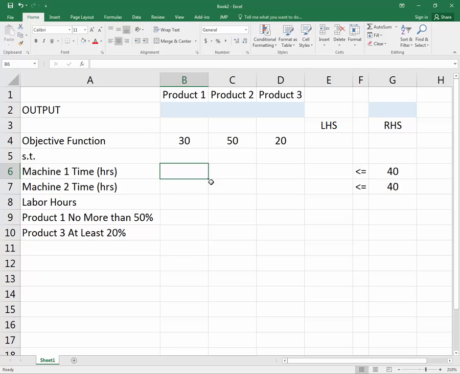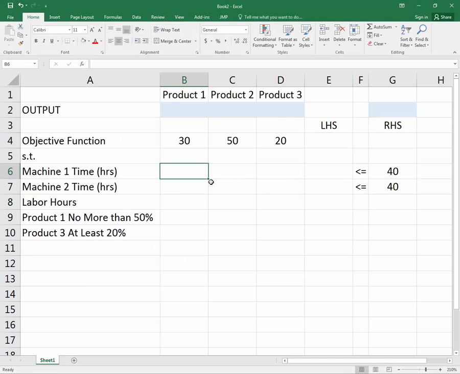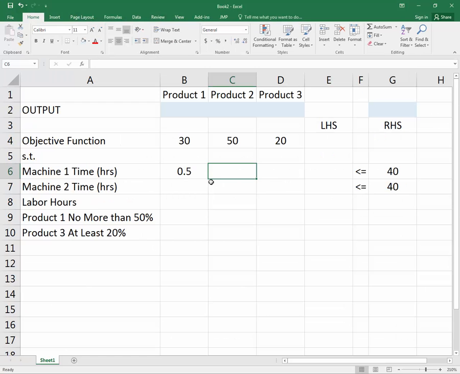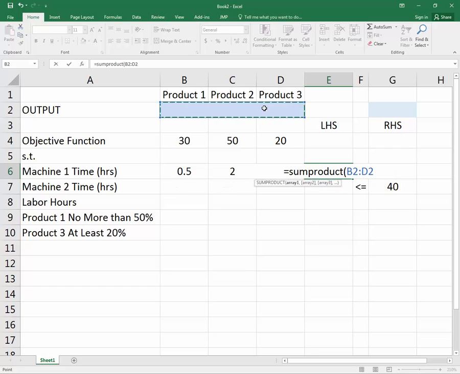So for these first 2 constraints, we can read straight from the table again. Machine 1 time per unit. So it takes a half an hour for product 1, so 0.5, 2 hours for product 2, and 45 minutes for product 3. And the way we make sure we stay under, we're going to use a sum product of our decision variables.